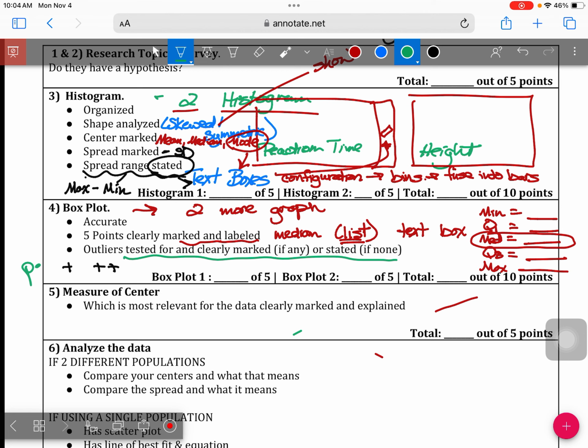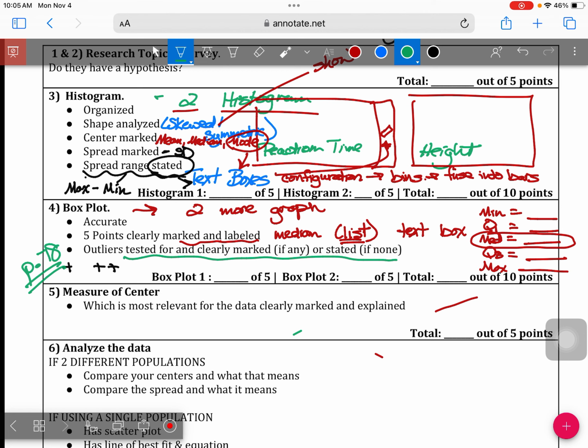I have a little cheat sheet that had the page on it. So that's where you find the interquartile range. And once you find the interquartile range, you take the quartile 1 minus that and quartile 3 plus that. So that is page 78. Page 78.